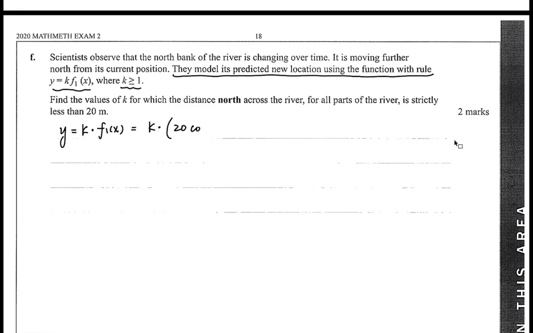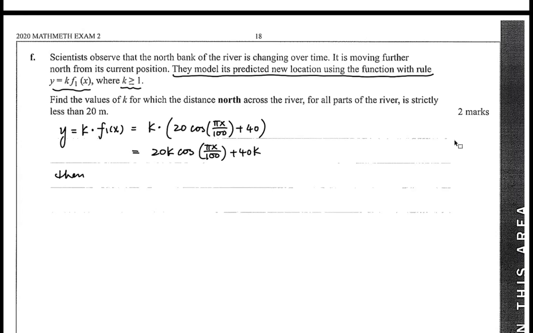20 cosine pi x divided by 100 plus 40. So this will be 20k cosine pi x divided by 100 plus 40k.